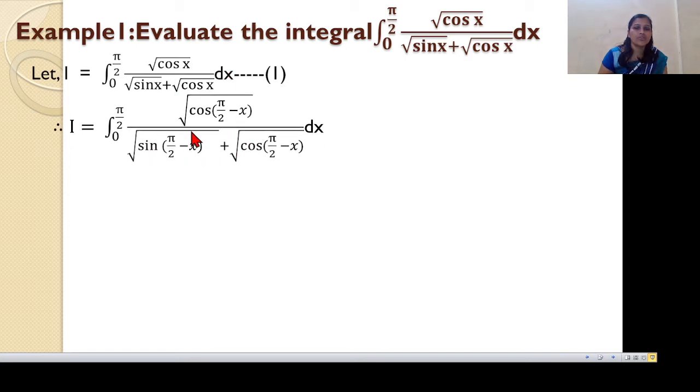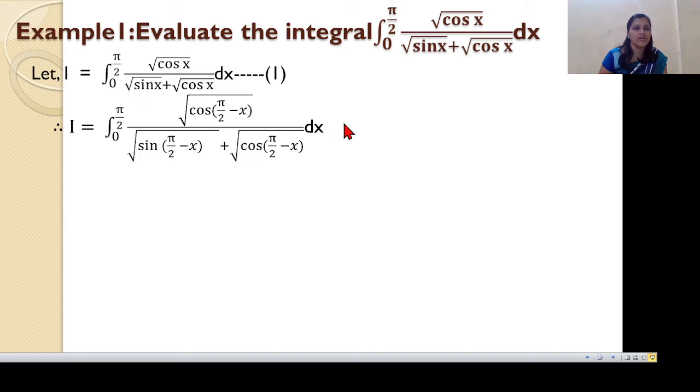We are going to use the property that integral of f of x dx is the same as integral of f of a minus x dx, with the integral from 0 to a. By the property that we have already seen in the previous lecture, we are going to replace x with pi by 2 minus x. So in these three terms, we have to replace x with the term pi by 2 minus x.